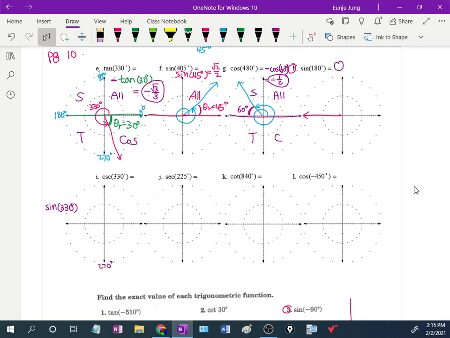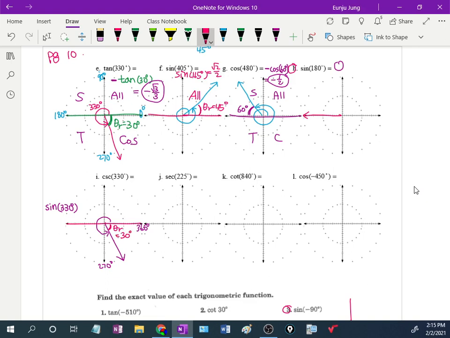That is between 270 and 360, somewhere here. Okay, so this is the angle measure. And I'm doing sine 330 degrees first, and then we'll flip the answer. So what is the reference angle between the x-axis and the given ray? This is theta r, reference angle, that is 30 degrees, right?